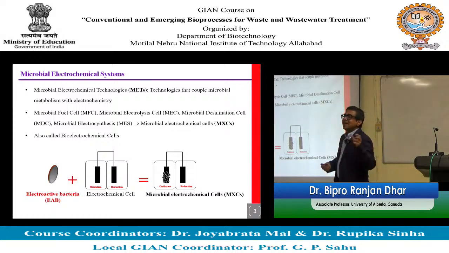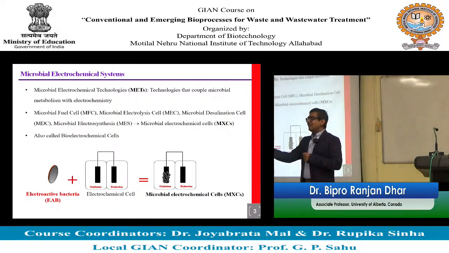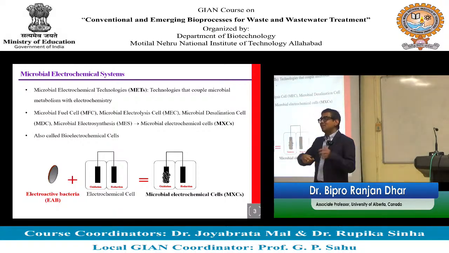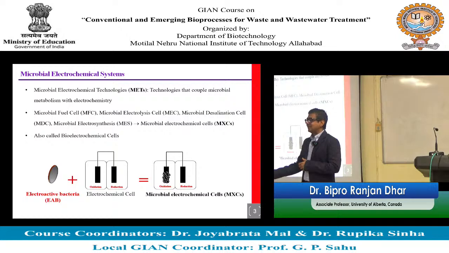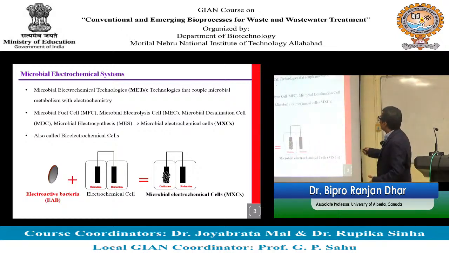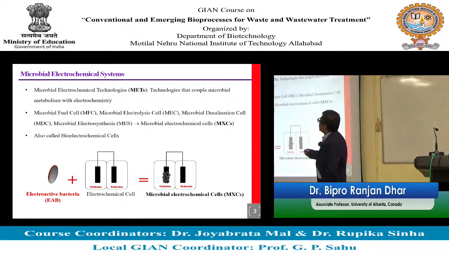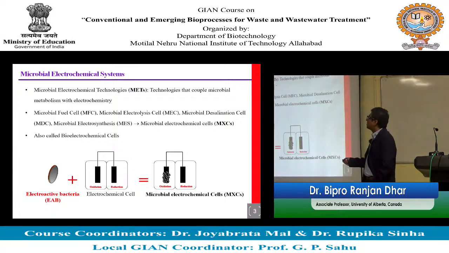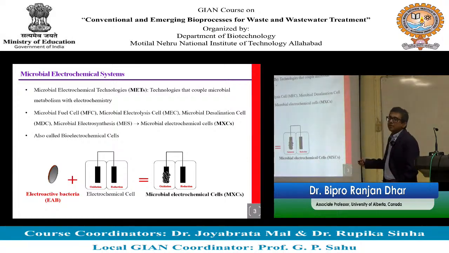So now MDC stands for microbial desalination cell, and MDC for microbial denitrification cell, right? There is a lot of overlap and many names, so we end up using MXC. Any technology based on this concept we call MET, microbial electrochemical technologies. Sometimes we also use the terms bioelectrochemical cell or bioelectrochemical systems.